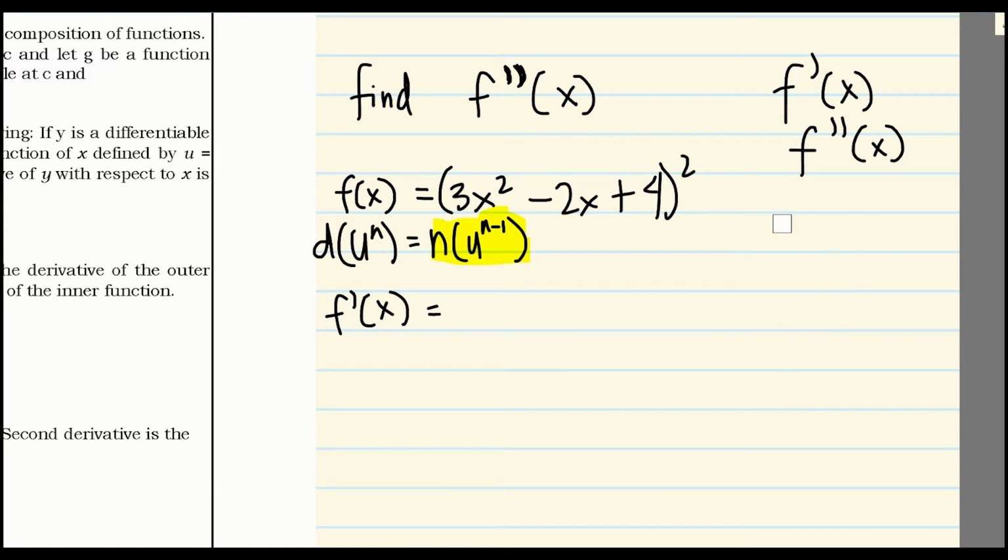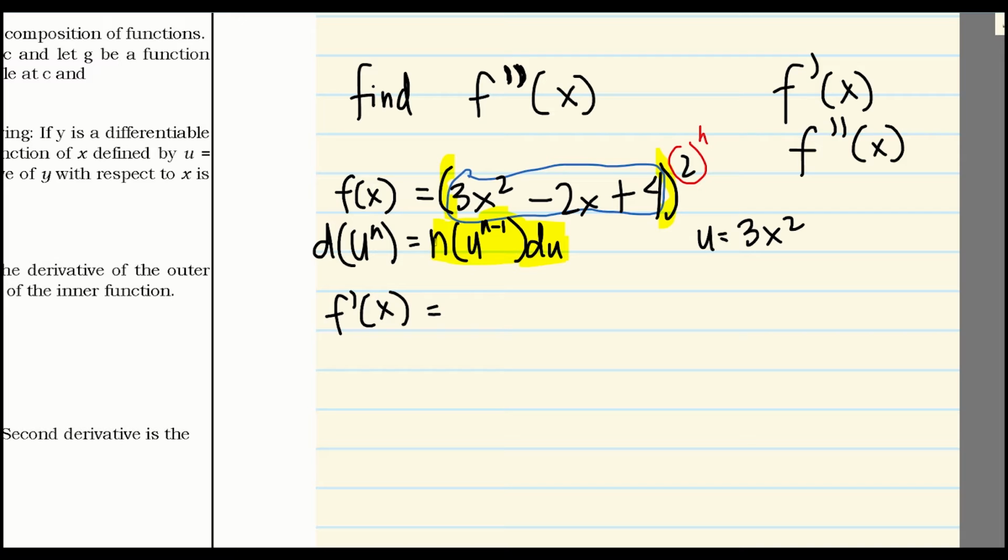So let's take a bigger picture first. What is our n? It is this one. And what is our u? The u is this one, right? So let's first put u equals 3x squared minus 2x plus 4. And we forgot du.